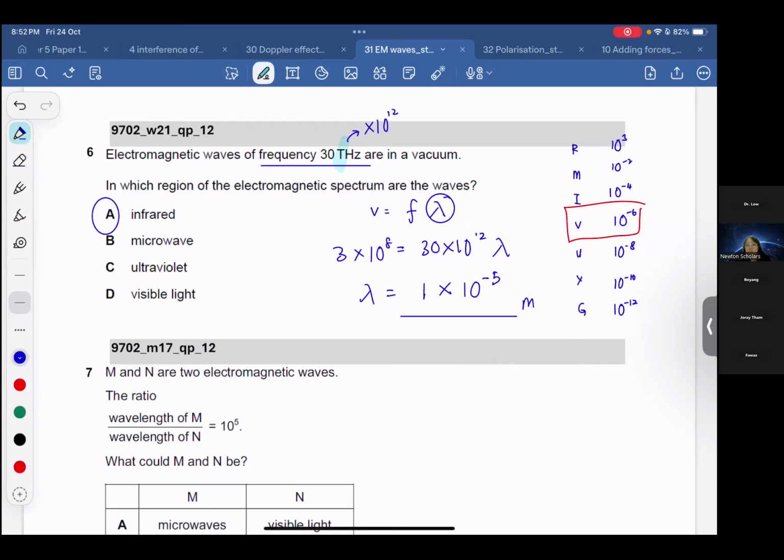Just now, who answered wrongly? Let me check. Wesley, you chose visible light. Wesley, visible light cannot be wrong. It must be 4 times 10 power of negative 7 to 7 times 10 power of negative 7. Other than this range, it's not visible light. So this is not in the range, so it won't be D.